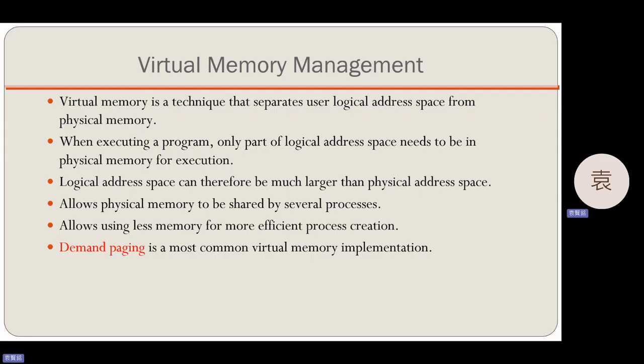So the first instruction we try to run will cause the operating system to be triggered to take over, and the page that contains the first instruction is loaded into the physical memory. Okay, so sometimes we call this kind of mechanism pure demand paging.